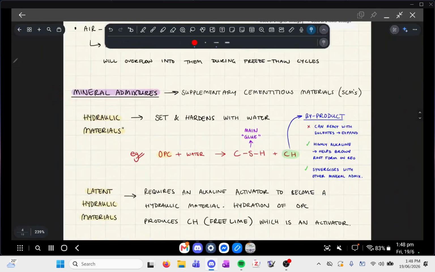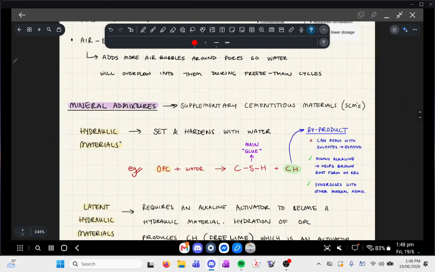So mineral admixtures, right? Another way of saying mineral admixtures is supplementary cementitious materials, or SCMs. So we've mostly been talking about OPC, so ordinary Portland cement, and this general blend of how we make modern day cement, essentially.